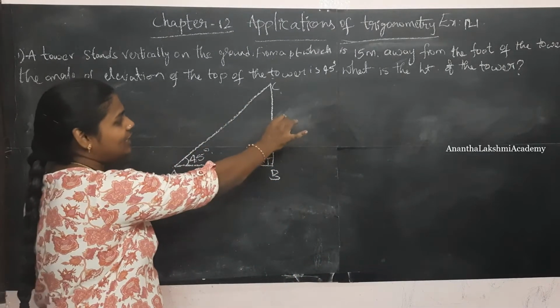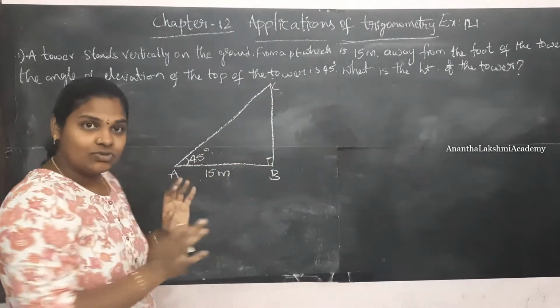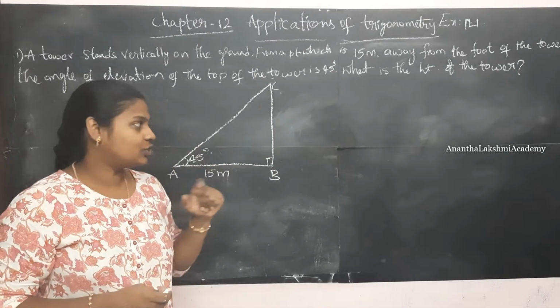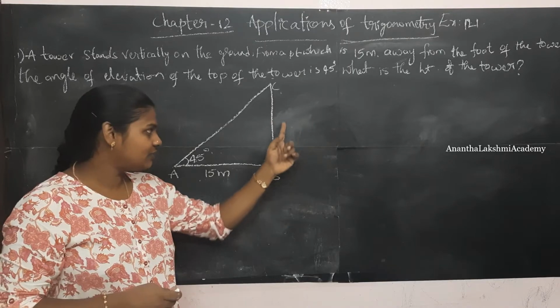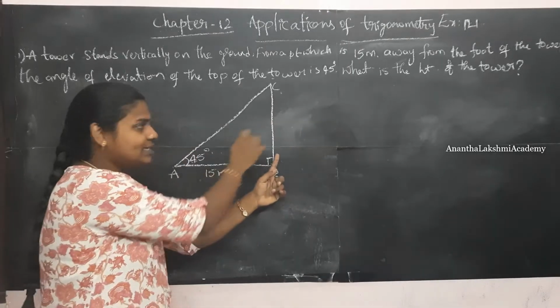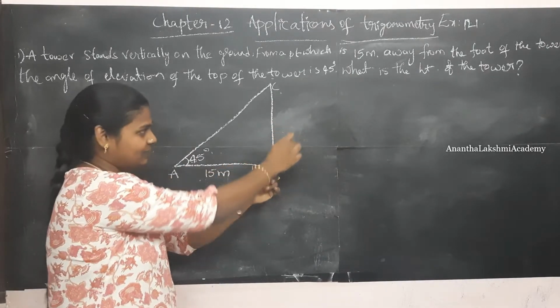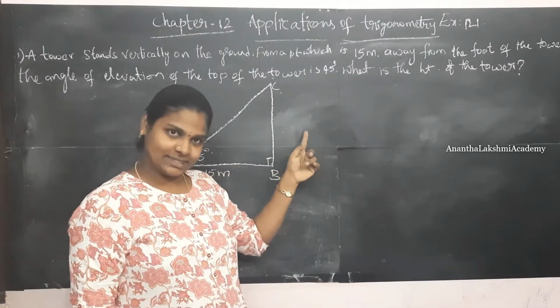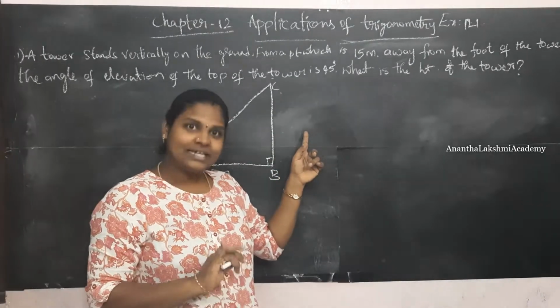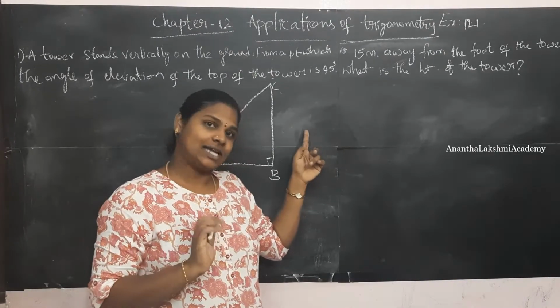In order to get the height of the tower, we need to identify a trigonometric ratio that uses this height. This height of the tower is the opposite side with respect to the angle of elevation. Are we aware of any trigonometric ratio which uses the opposite side? Yes: sine, cosecant and tan.